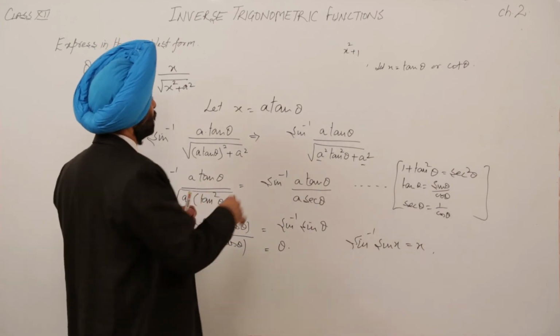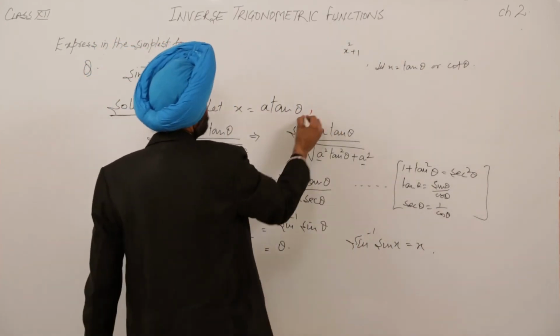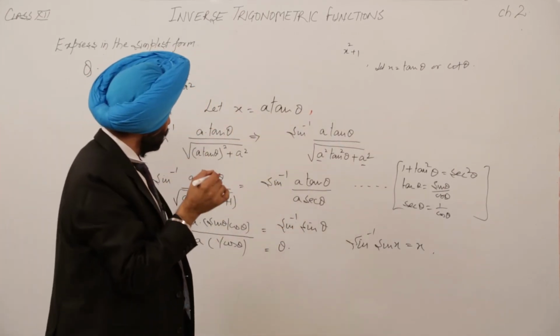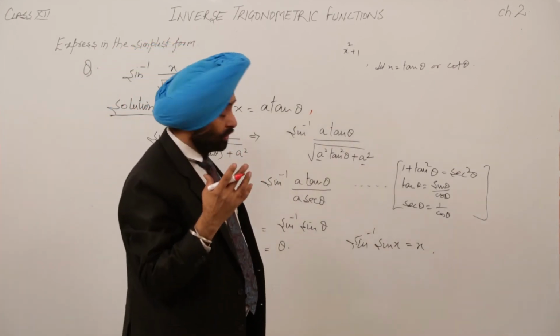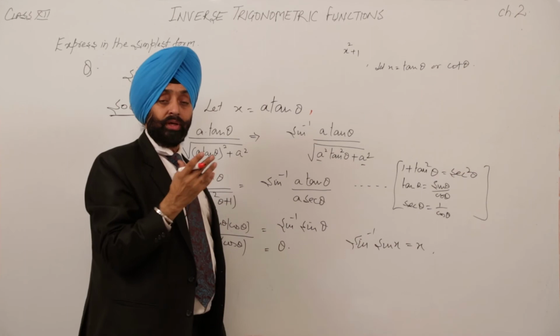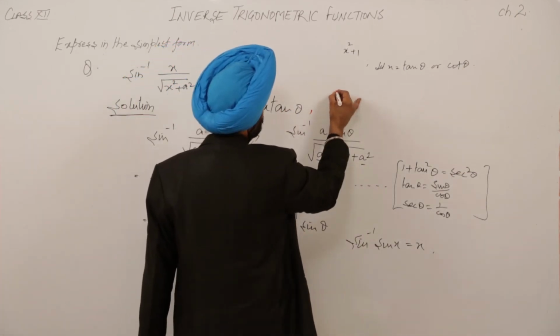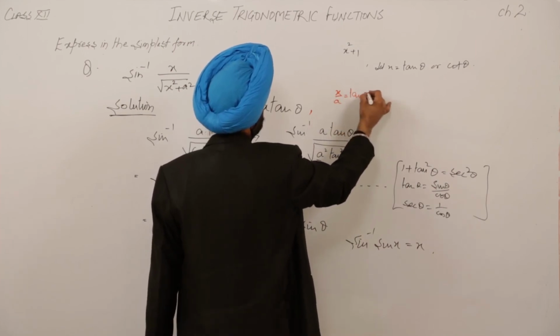For the theta part I have taken x is equal to a tan theta. Just look here, be very careful about what I am doing. Many times because of careless mistakes we lose our marks. So this becomes x upon a is equal to tan theta.